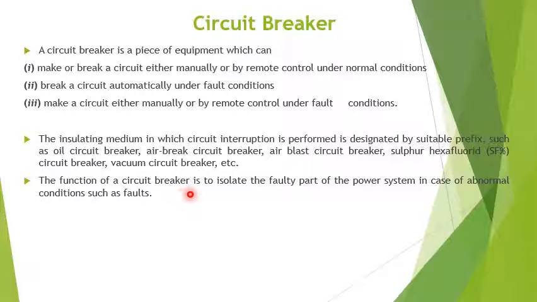The basic function of the circuit breaker is to isolate the faulty part of the power system in case of an abnormal condition such as a fault.